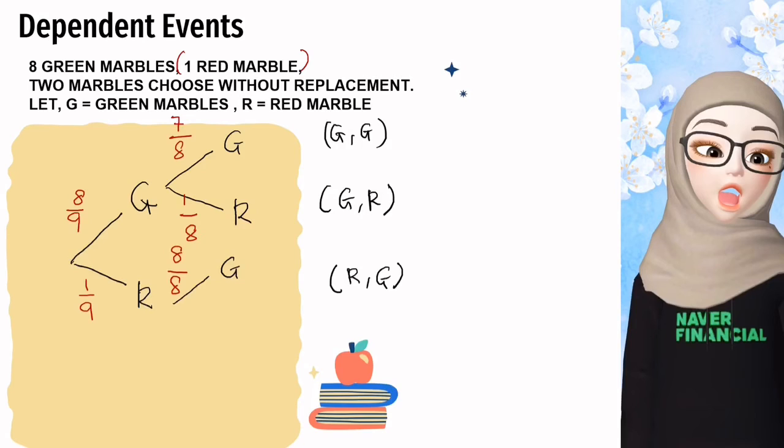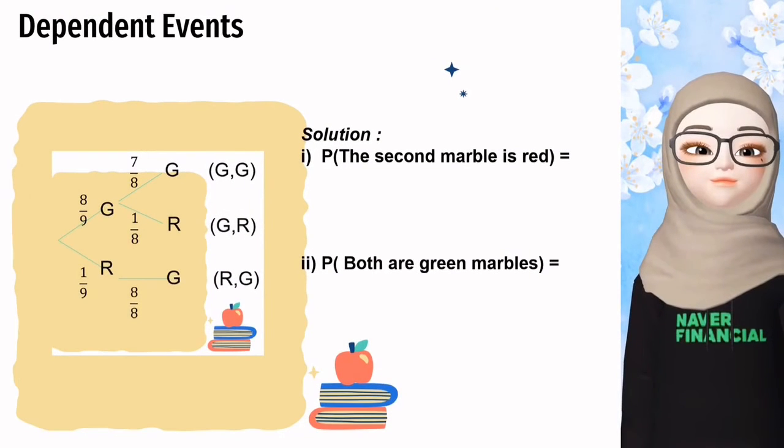Now we go to the second question. Based on the tree diagram, we can find the probability that the second marble is red. Look at the possible outcomes: GG, GR, and RG. Find where the second marble is red.